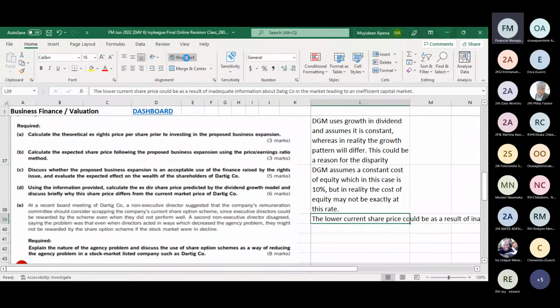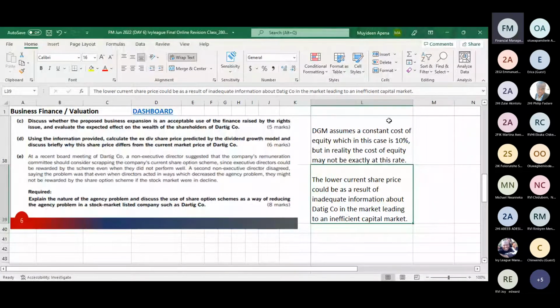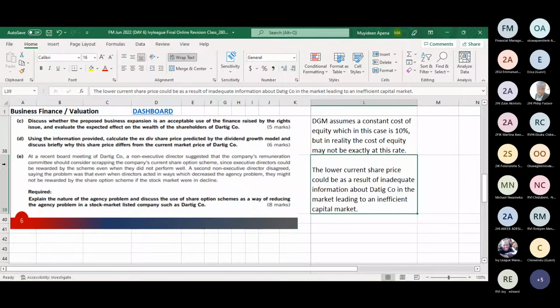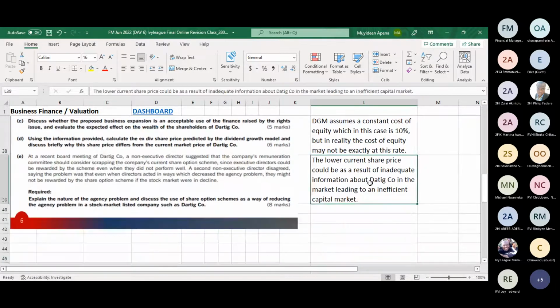So that's it. This could also be the reason why that price is lower compared to what the model has predicted. So those are the germane points here to end at 6 marks.